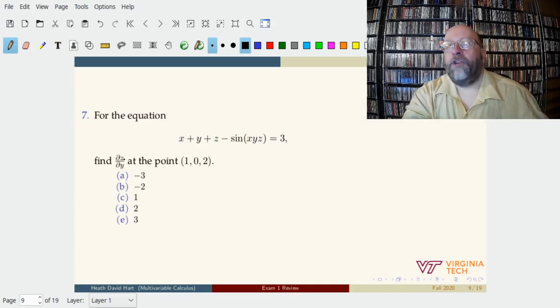For this equation, find the derivative of z with respect to y at the point 1, 0, 2. So we have a trick, and that's that the partial derivative is the negative reciprocal of the individual partial derivatives.